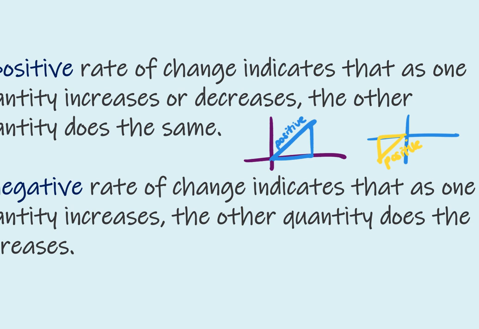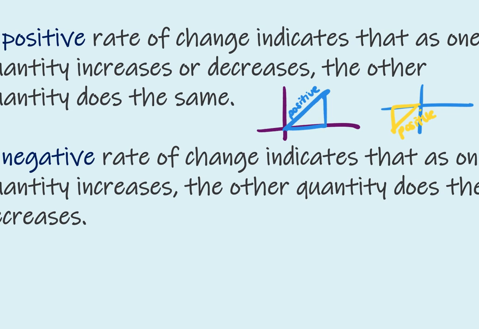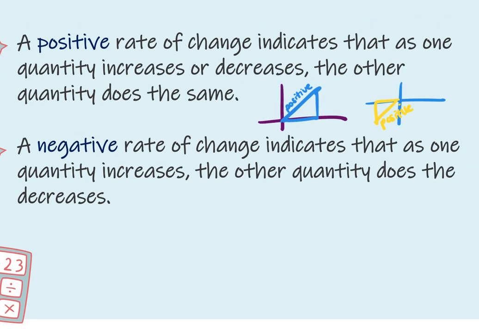If you think about rise and run, if something has positive slope, I can move up and to the right, or I can move down and to the left, and they would both have positive slope. The same idea for rate of change. A negative rate of change indicates that as one quantity increases, the other quantity decreases.